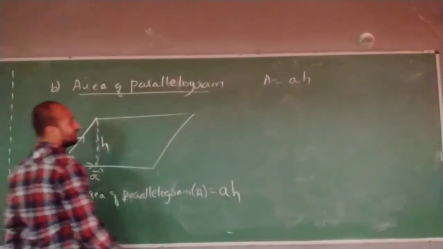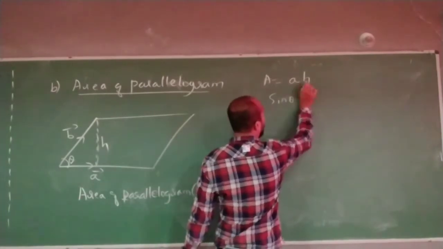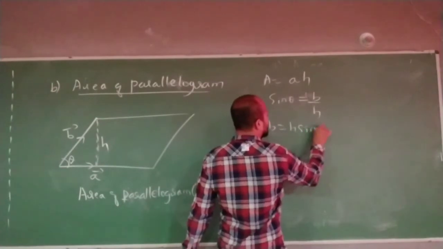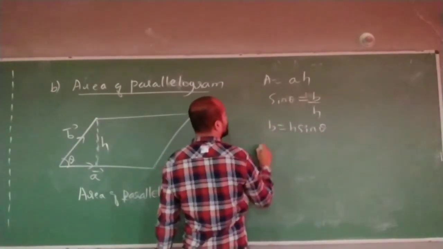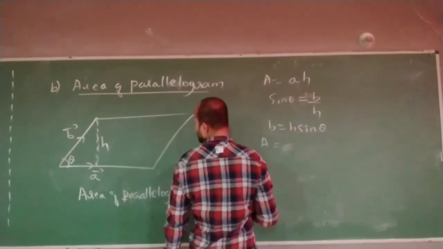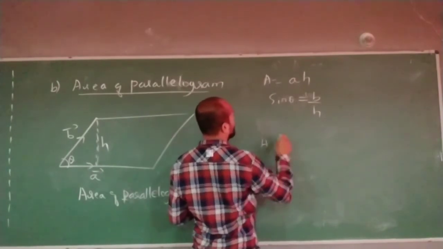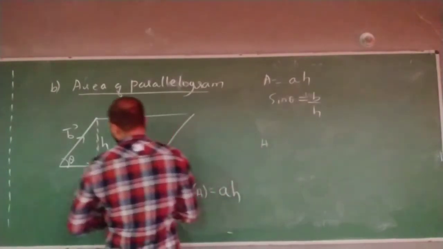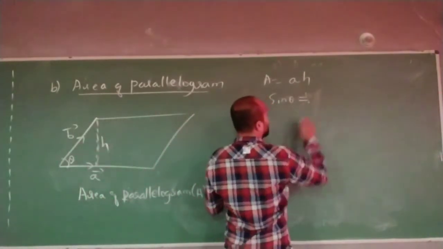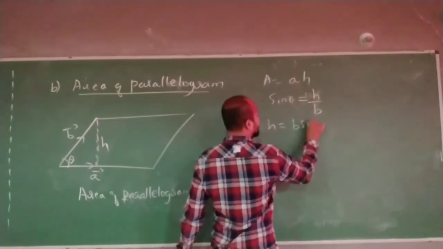H can be written from this triangle: sin theta is equal to H by B. Sorry, sin theta is equal to H by B. So H is equal to B sin theta.